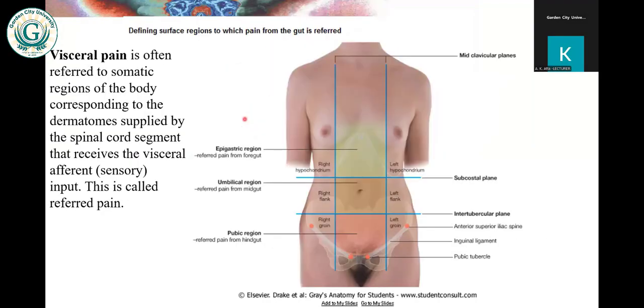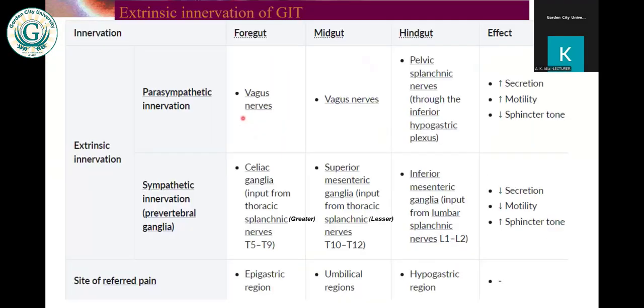Then, what about parasympathetic innervation? Like you are seated now, listening to me, probably you have eaten. For your foregut and your midgut, the nerve that gives parasympathetic innervation, that increases secretion, that increases peristalsis, that tells the gallbladder to contract, is the vagus nerve.